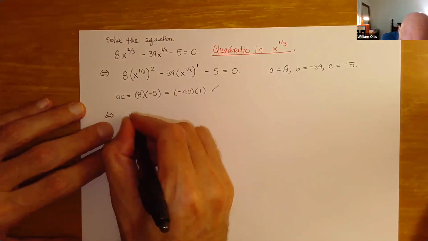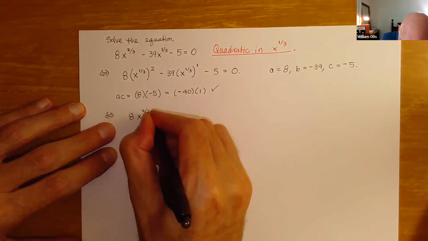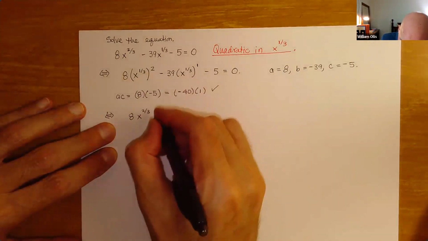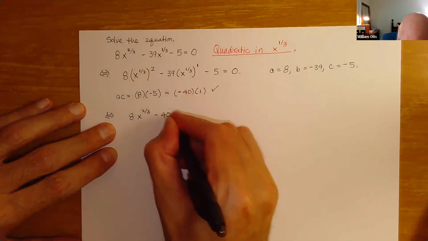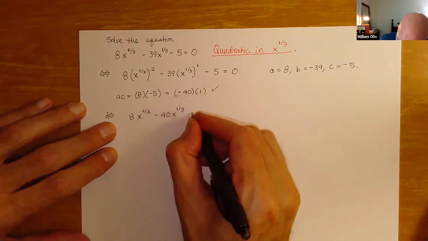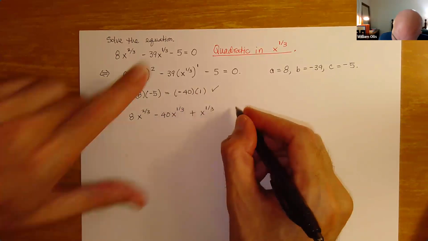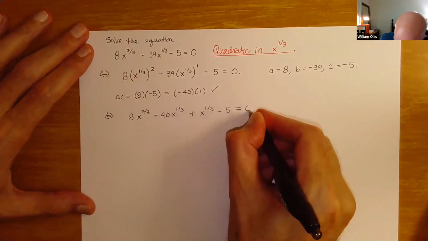So we'll have 8x to the 2/3. I'll go ahead and write it back the way we did now that you understand this. And then we'll have what? Minus 40 x to the 1/3. And now our just plain old 1 x to the 1/3 minus the 5. Okay?